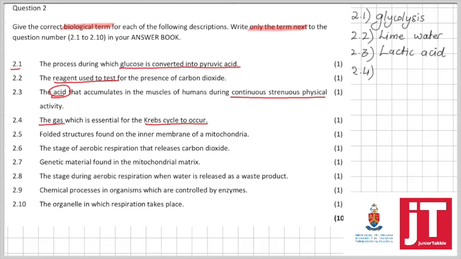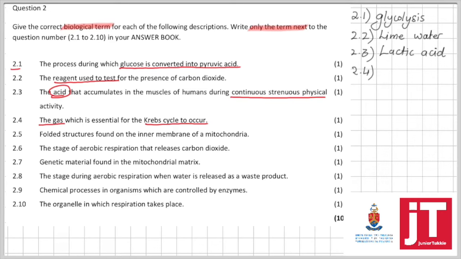So in anaerobic respiration, which is the respiration where oxygen is not present, the process ends with glycolysis, the very inefficient production of ATP or energy, and I'm going to form lactic acid at the end of the day.